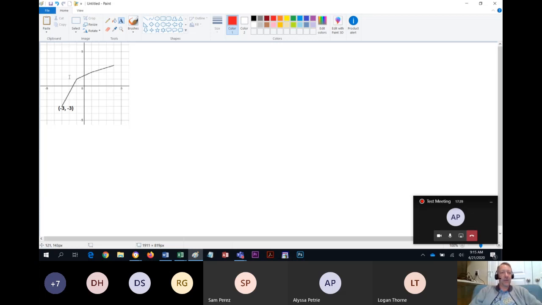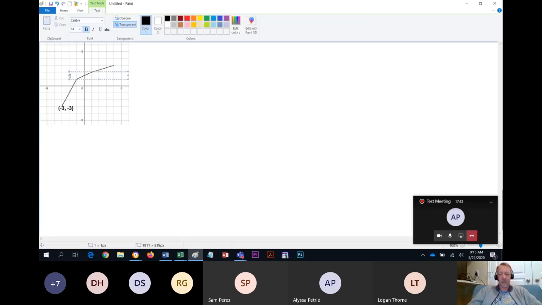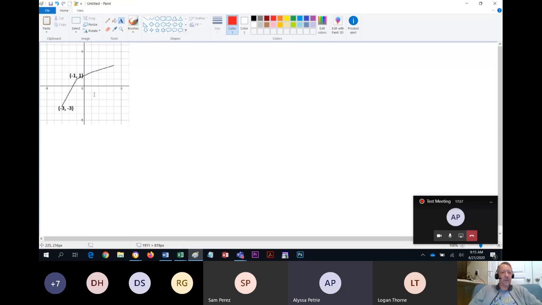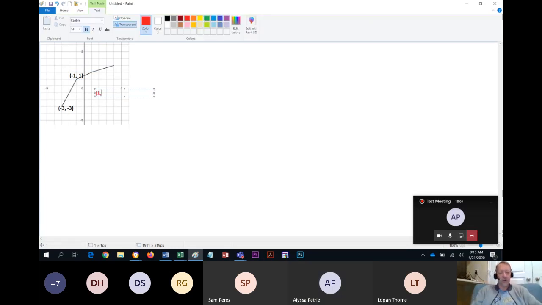This point here is -1, +1. Okay, so if we flip those coordinates, what does that become? +1, -1. And so it's going to be 1, -1.